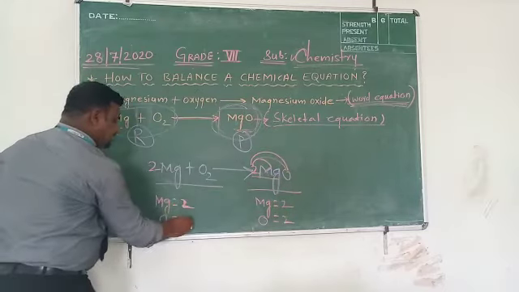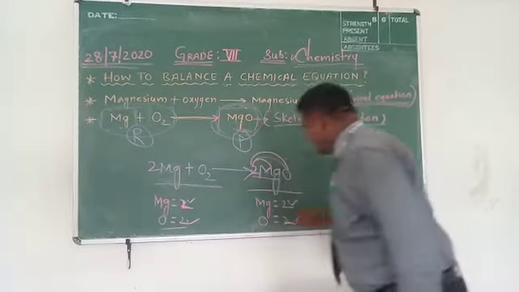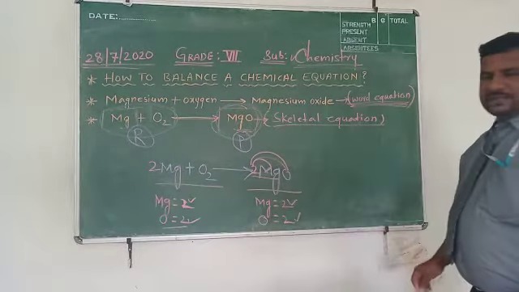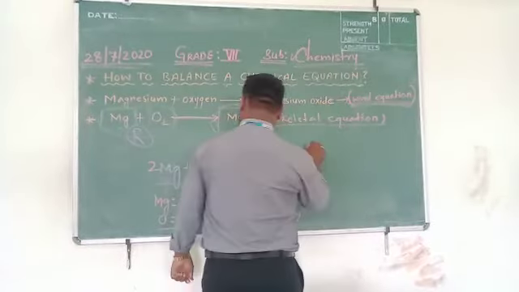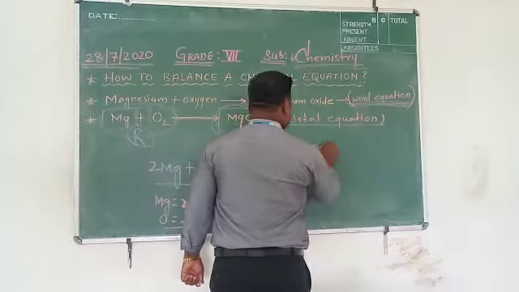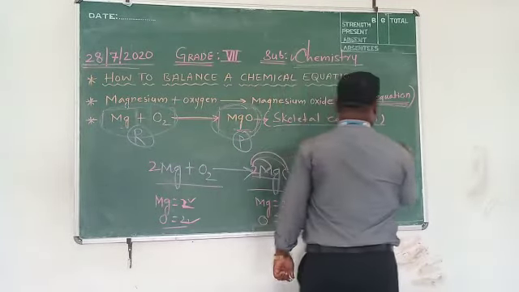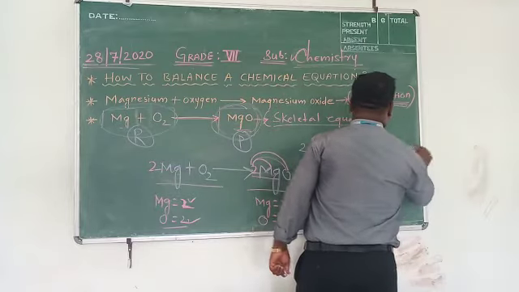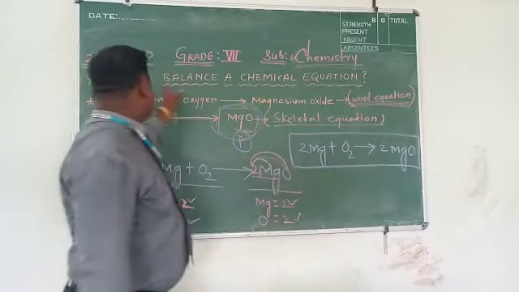Now, reactant side and product side, is the number of atoms matching? Therefore, the equation can be written as 2Mg plus O2 gives rise to 2MgO. This is the balanced chemical equation of this chemical change.